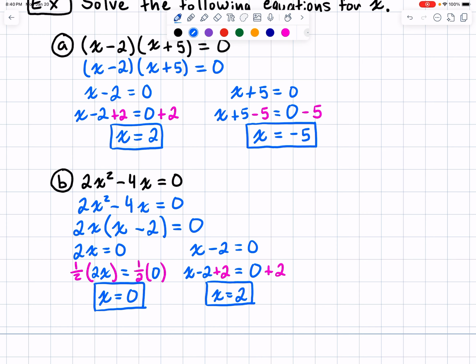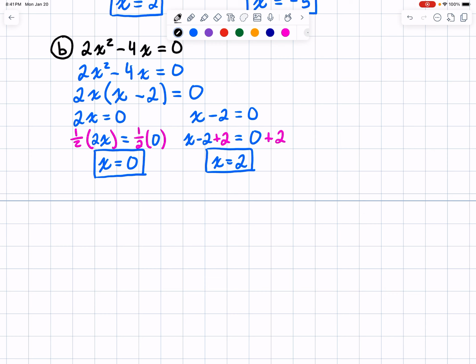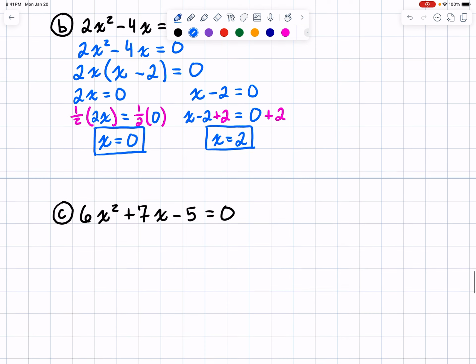And so the solutions are x equals 0 and x equals 2 for part B. We're going to move on now to part C, which requires us to use factoring by grouping. So I will help us remember how to do that. So we have 6x squared plus 7x minus 5 equals 0. All right, I'm going to rewrite it.